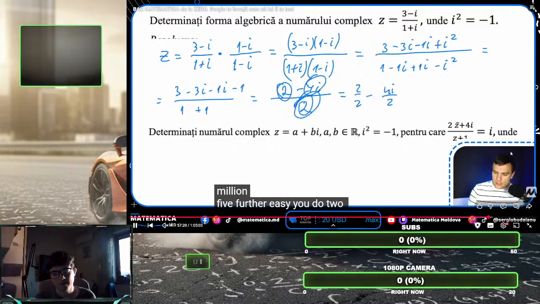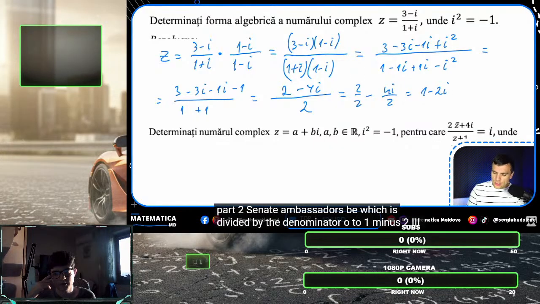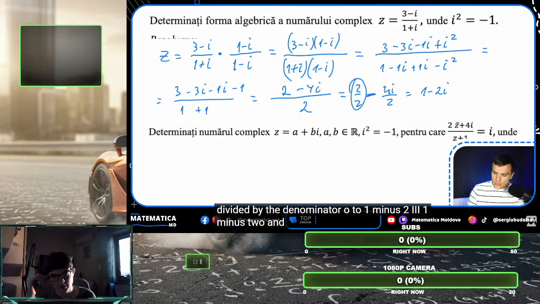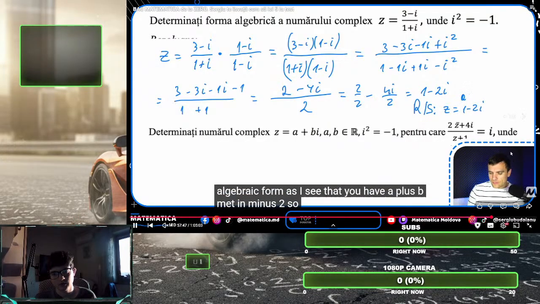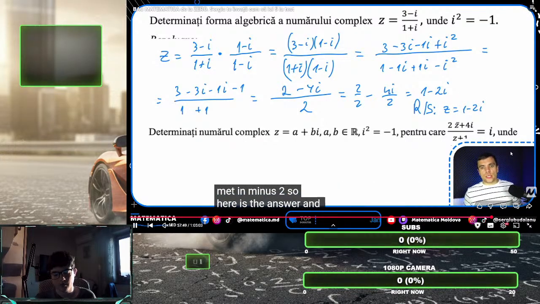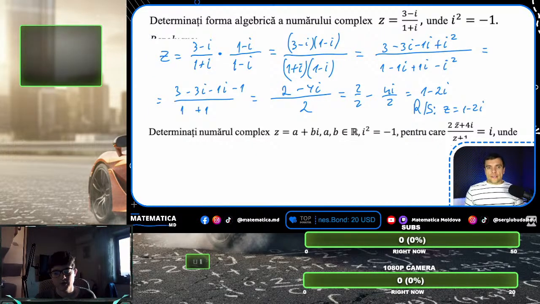I can also split it like this, and it's going to be that. This or that. Again, that. And just gonna write down z, because we're searching for what z is.